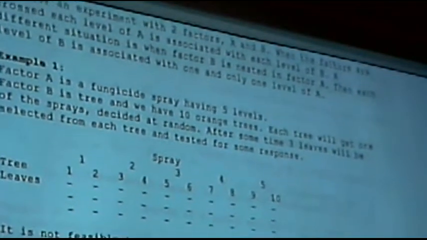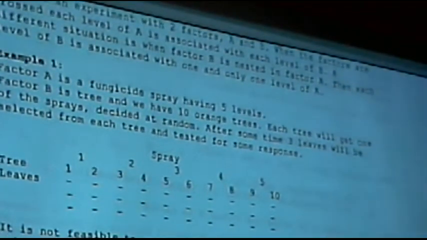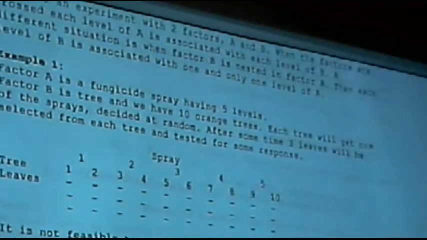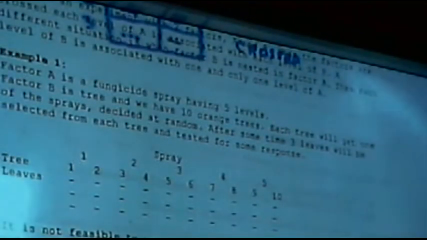Well, as it says here, let's take a look at this example 1. So factor A is a fungicide having 5 levels. B is a tree, and we have 10 different trees in our experiment.